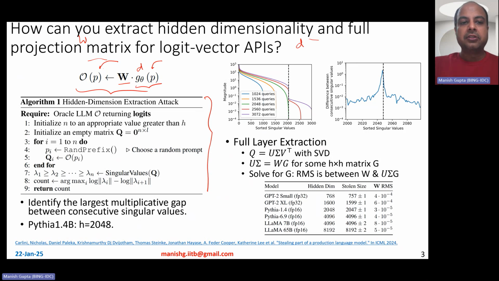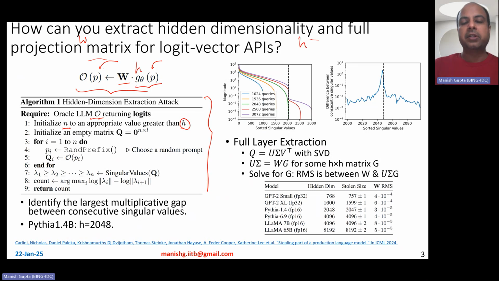So you essentially have an LLM-O which returns logits. What you do is fire n queries. You're going to prompt the LLM with n different queries, and this n value has to be greater than H. Sorry, the dimensionality was not D, it was H, right?